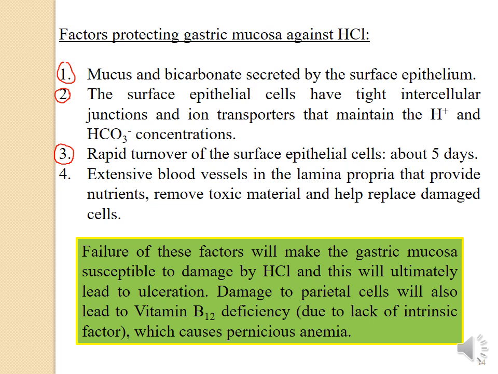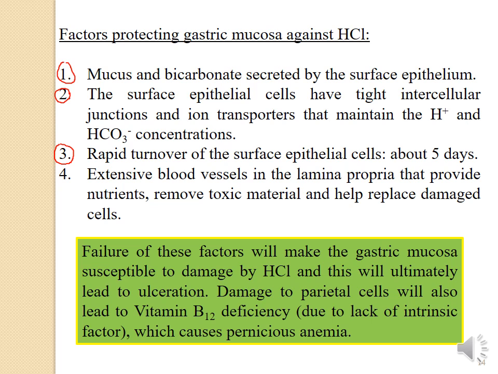So every 5 days, new surface epithelial cells are formed. Remember, we have just talked that the lifespan of parietal cells is 200 days. So you can see how the surface epithelial cells have very rapid turnover, whereas parietal cells have a long lifespan.